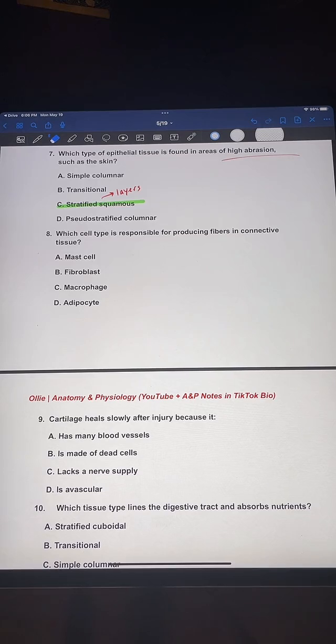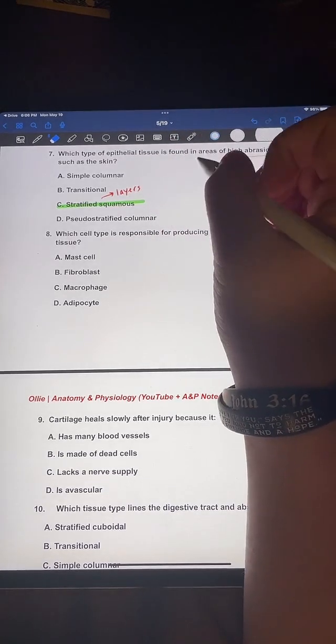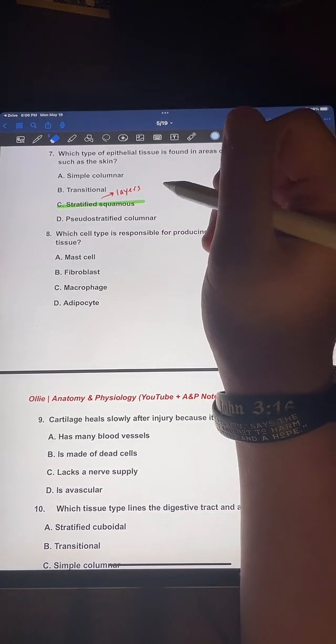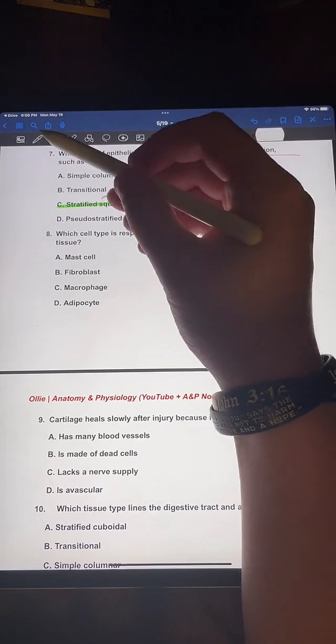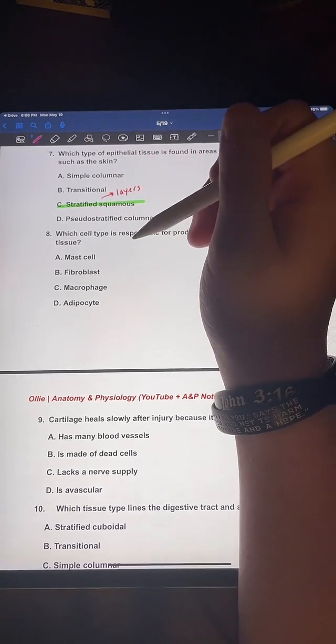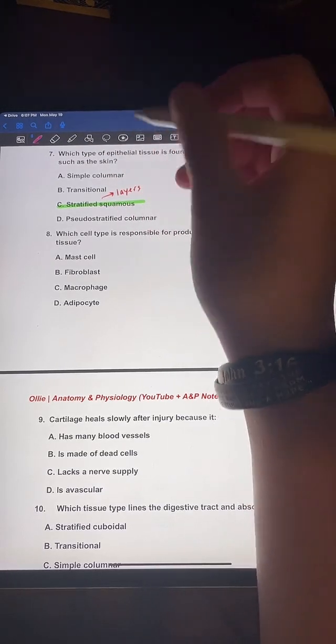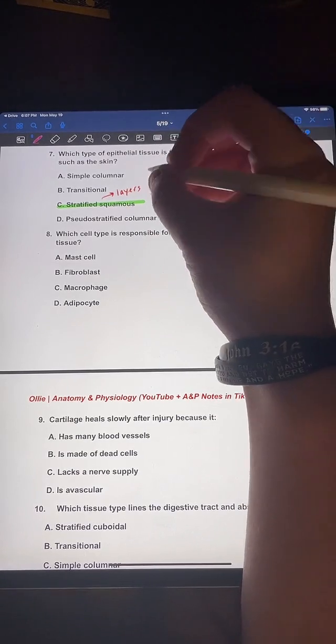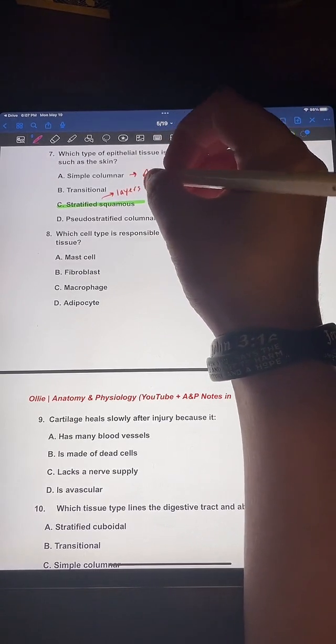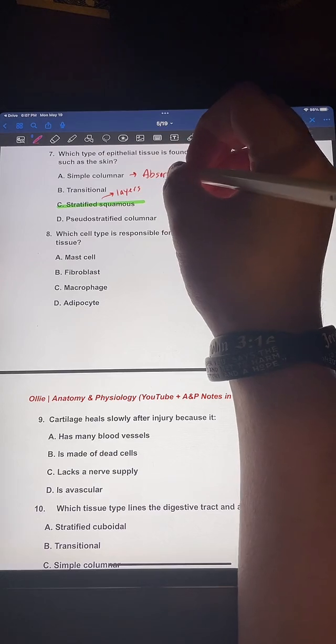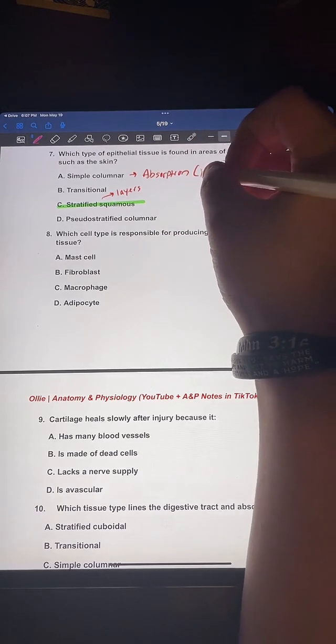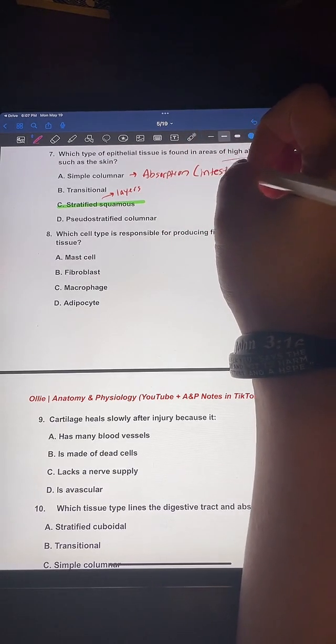Can I explain 7 options again? Yes. So stratified squamous is for the skin, because having multiple layers is what's going to protect from friction or abrasion. Simple columnar is going to be for absorption, which is what you see in the intestines.